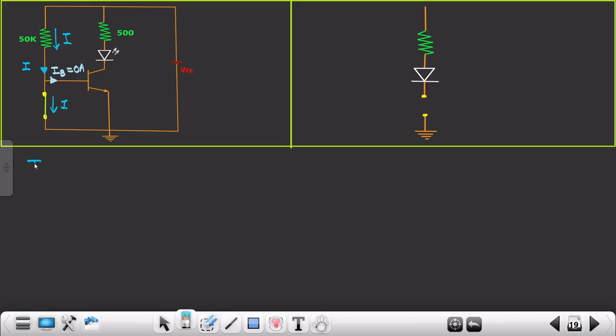Your input current IB is 0, and we all know that IC is beta times IB. Since IB is 0, your IC is also equivalent to 0 milliampere. This is the most important key point you should remember.